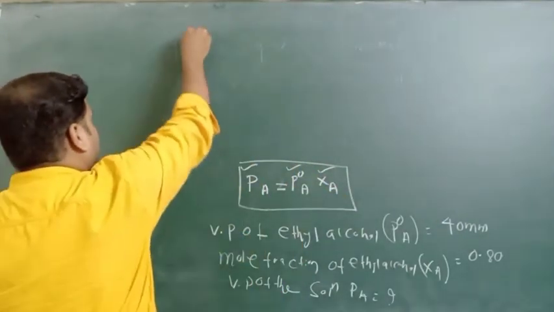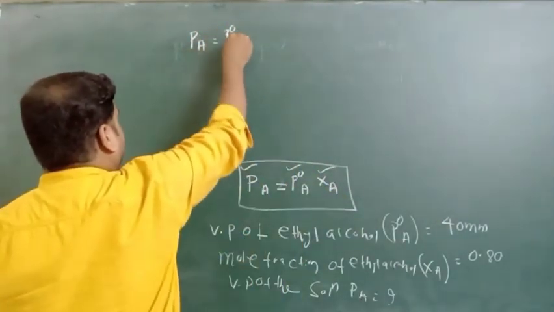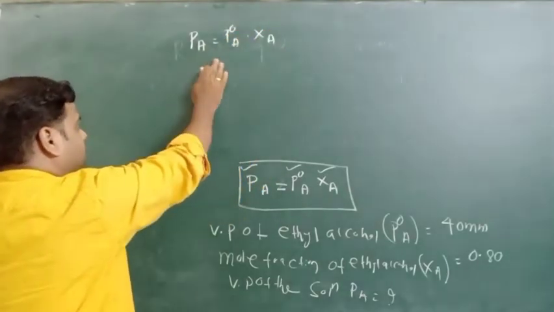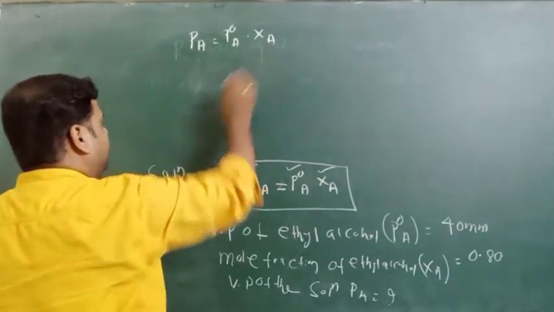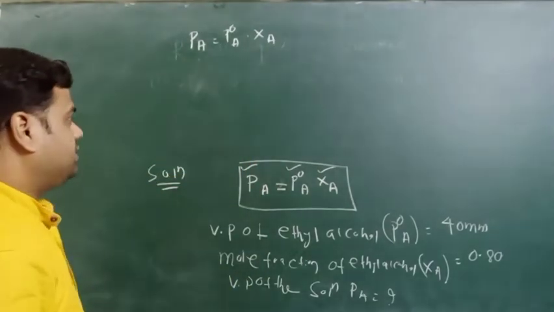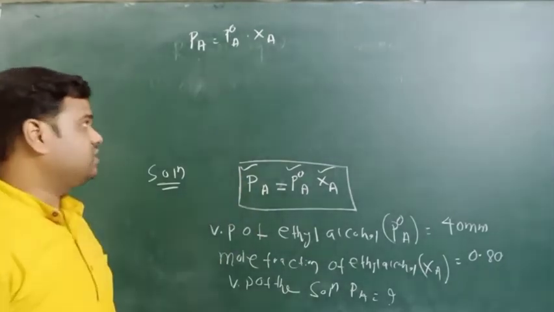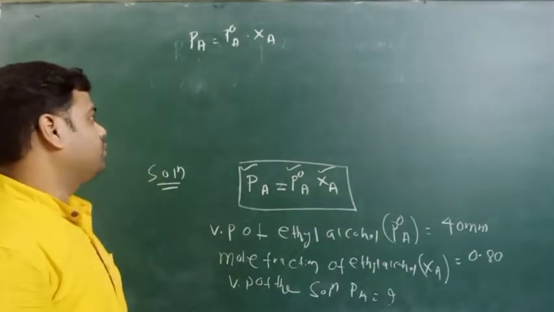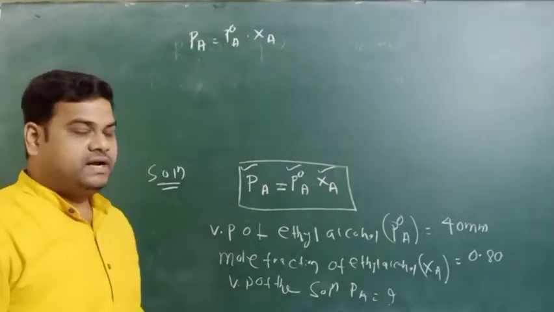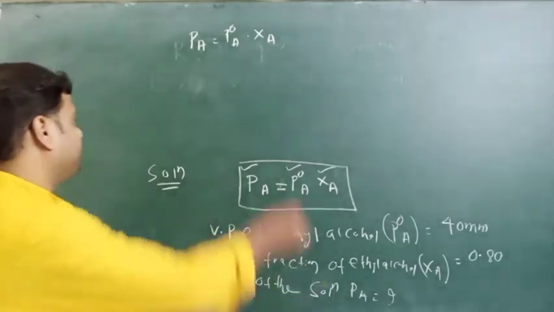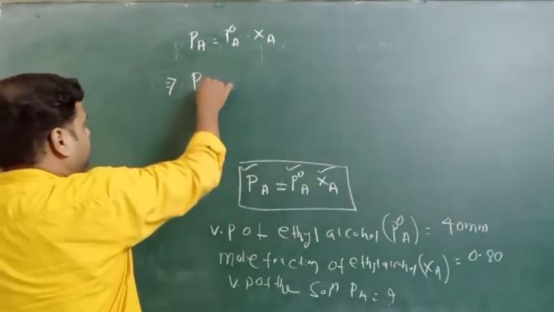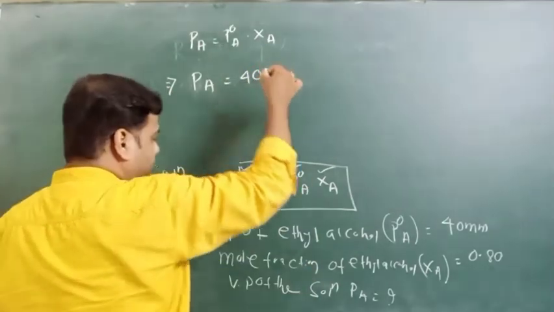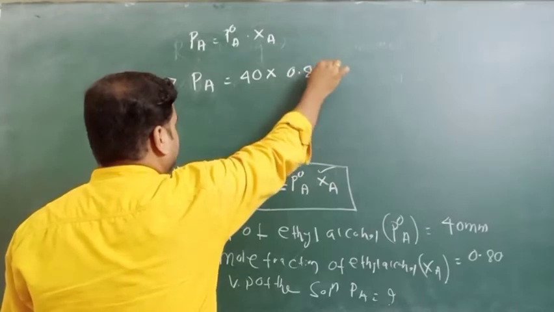So our formula is Pa equal to P0A XA, which means the vapor pressure of a solution is equal to the product of the mole fraction of the component and the vapor pressure of the component. Here Pa equal to 40 into 0.80.